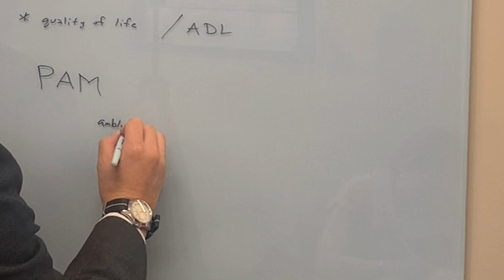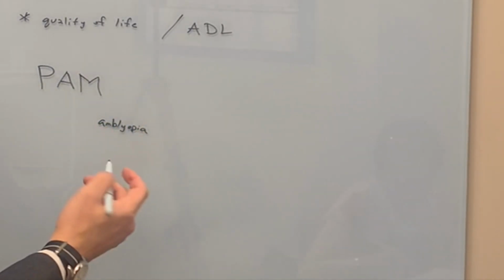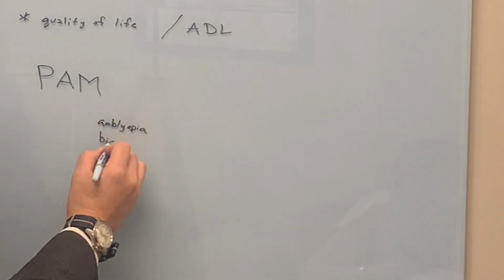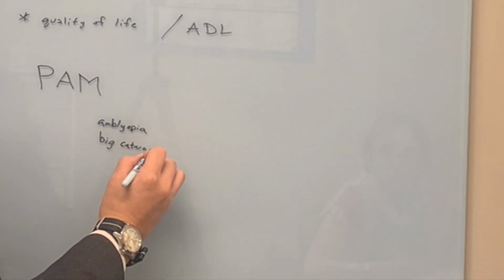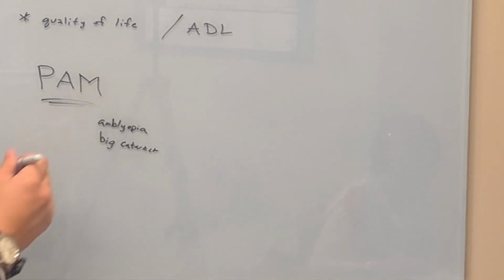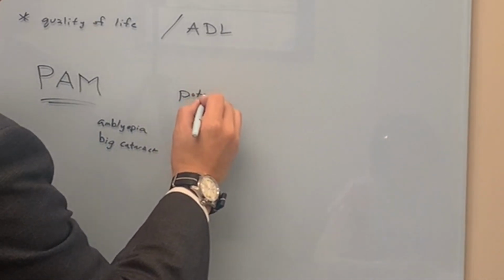That means a lazy eye. Or let's say it's a big cataract, even more important, or a large cataract. Even more important, we want the PAM because that will tell us what is their potential, at least what we can measure.